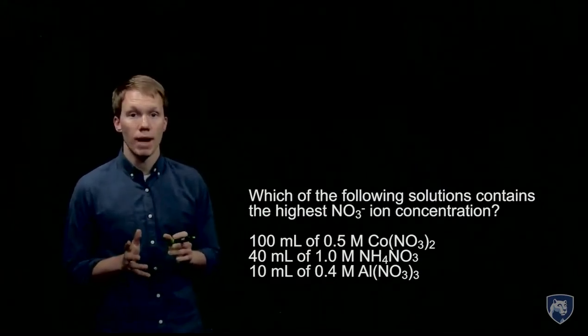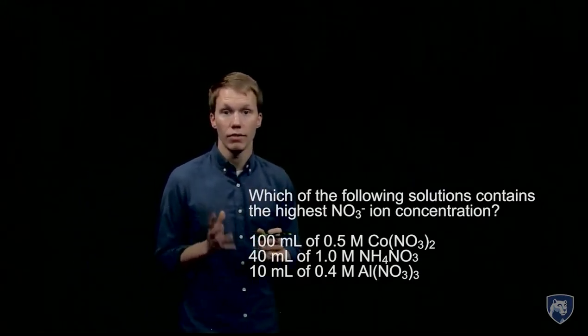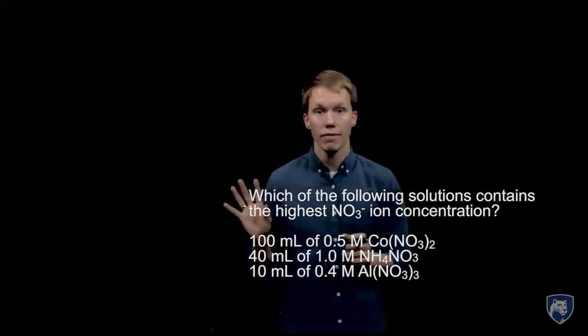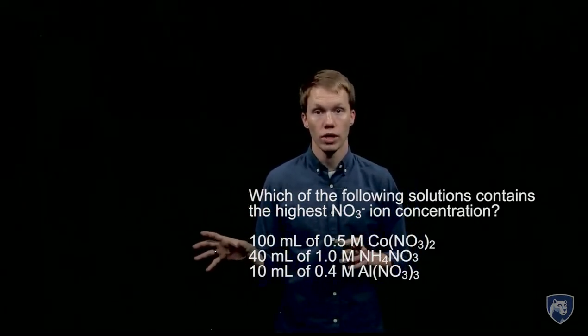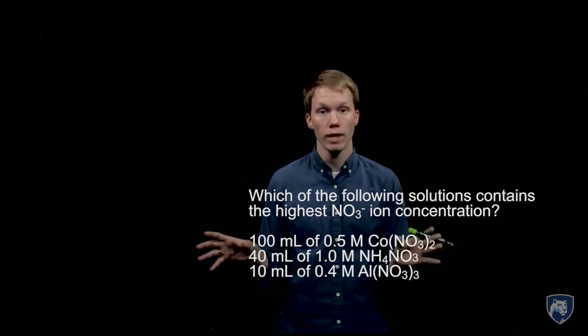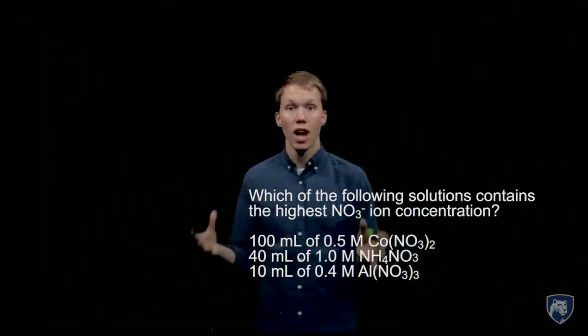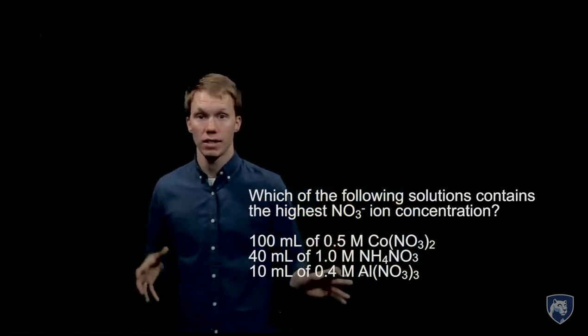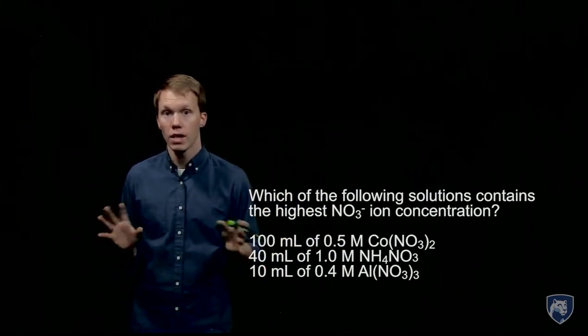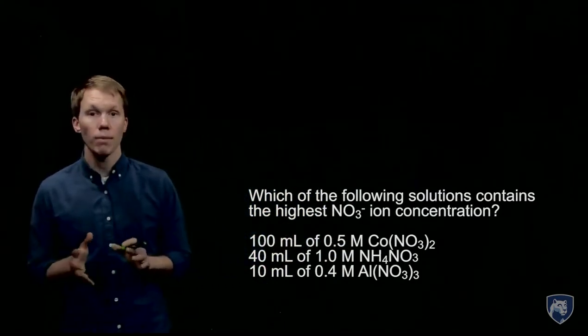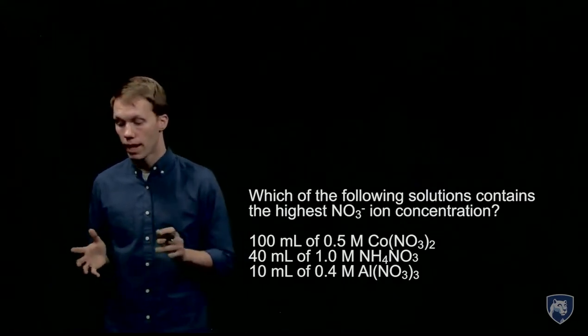One thing you need to keep in mind about concentration is that the volume does not matter. Whether I have 10 mL of a 0.4 molar solution or 100 mL of a 0.4 molar solution, the concentration is the same in those two species, just the volume is different, okay? So all my volumes given in this problem can be ignored, okay?